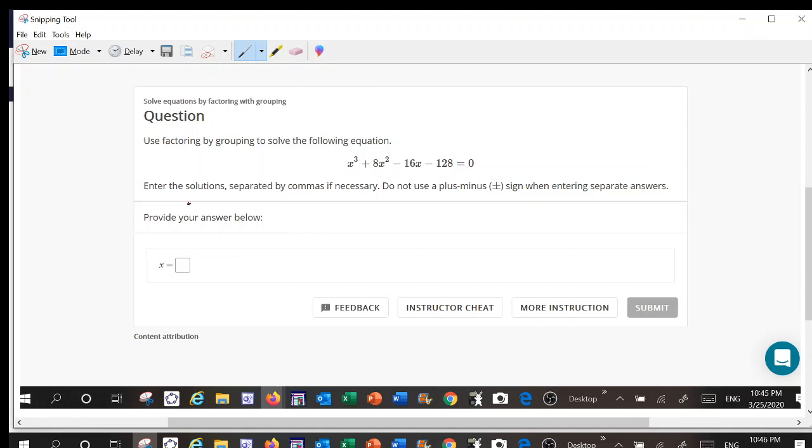Now obviously they don't have anything in common that we can take out of all of them. So that's out. But if we pair them, maybe they have something in common. So these first two have x squared in common. So why don't we factor it? If I factor x squared out of x to the third, what do I get?